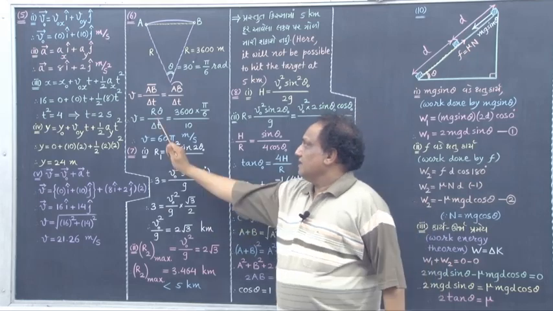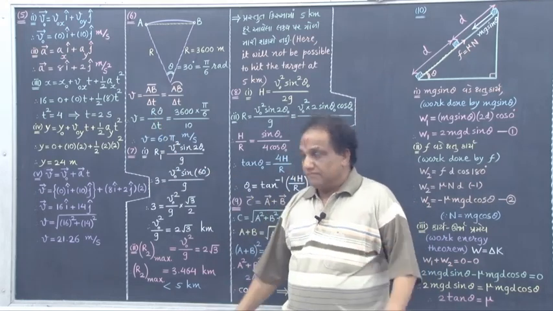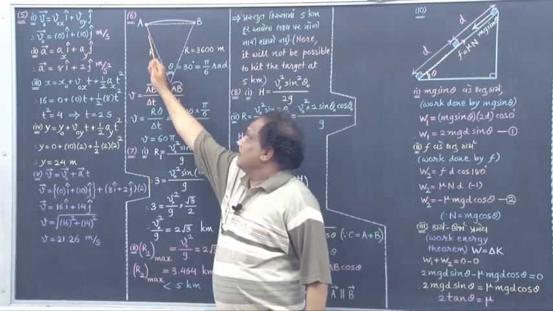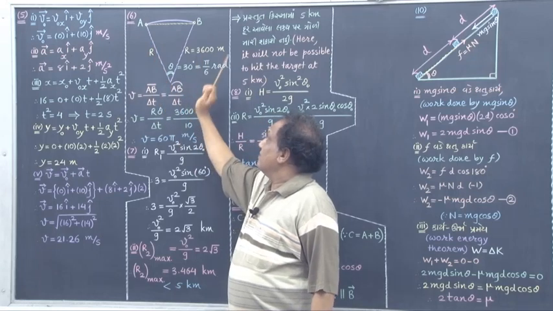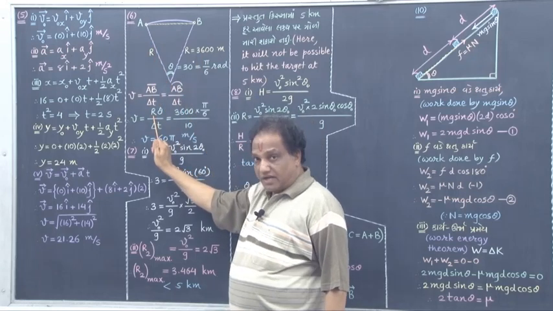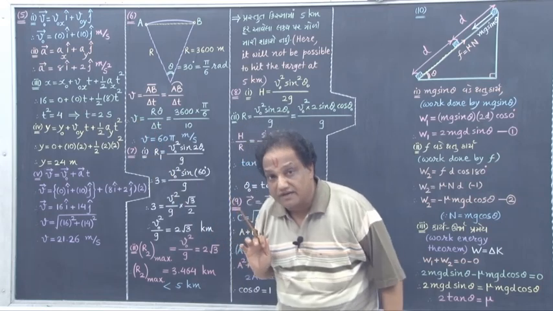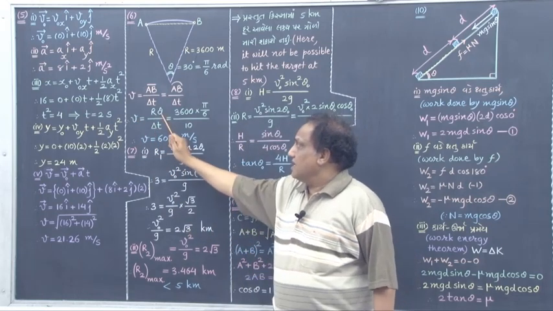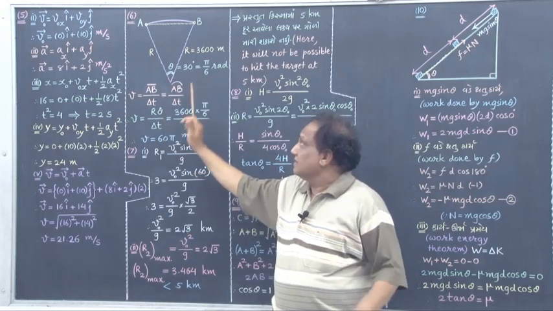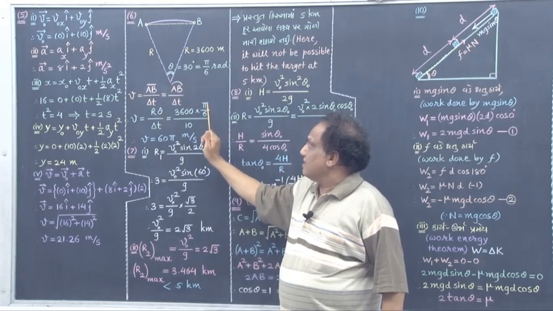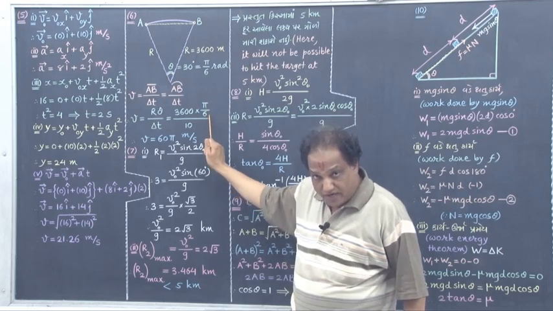Fine. Now this radius you are given, and it is 3600 meter. If you take this in meter, this in second, naturally this will be obtained in meter per second, correct. What about theta? I told you to take it in radian, and right now it is pi by 6 radian, okay.